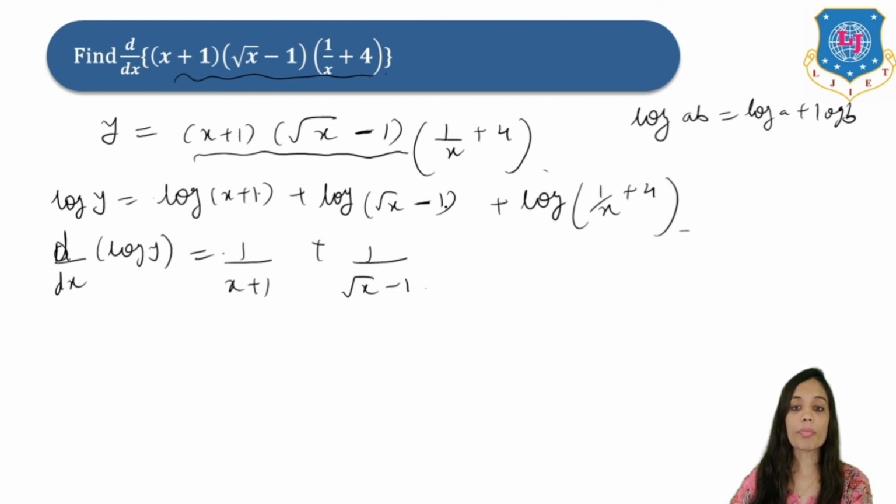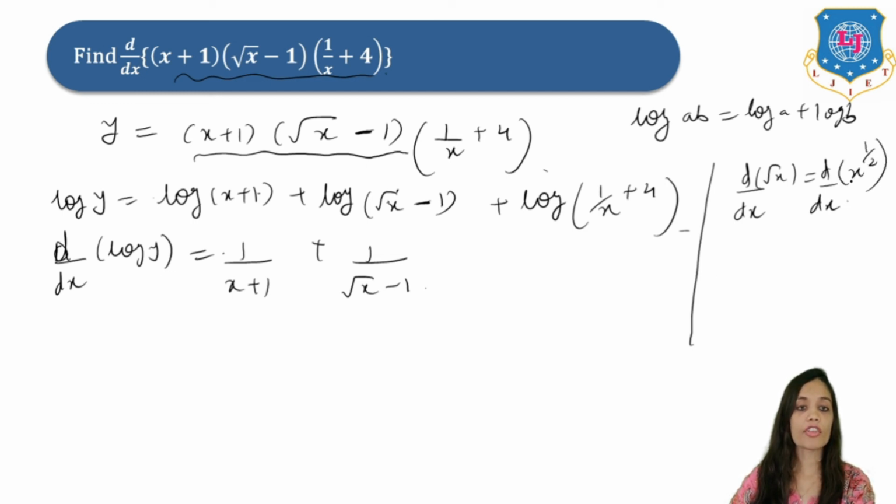Now derivative of bracket, because we have to apply chain rule. Derivative of root x, I am showing over here what it will be. I can write it as derivative of x raised to half. Now just apply the formula of x raised to n, and it will be 1 upon 2 x raised to 1 upon 2 minus 1.